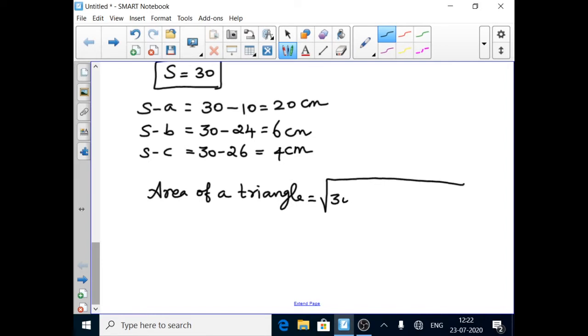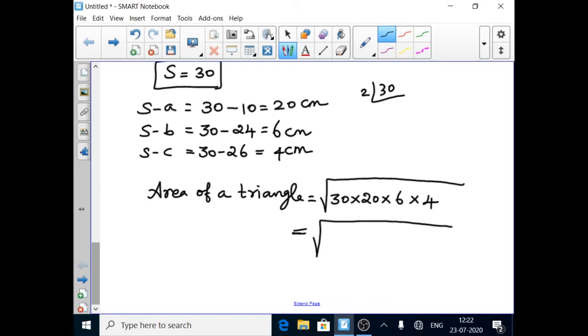So 30 into s minus a is equal to 20, then s minus b is equal to 6 and s minus c is equal to 4. So we want to find the root of these values. What we want to do? We should find the prime factorization. So how to split the 30? How can we split 30?